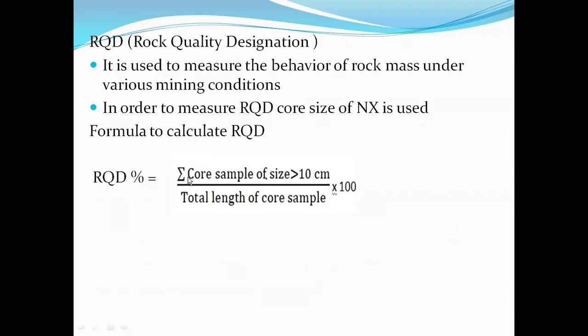So it must be the sum of core pieces of size greater than or equal to 10 centimeters, in centimeters, divided by the total length of the core sample, multiplied by 100. This is the formula that I'll be using to determine the percentage of RQD.